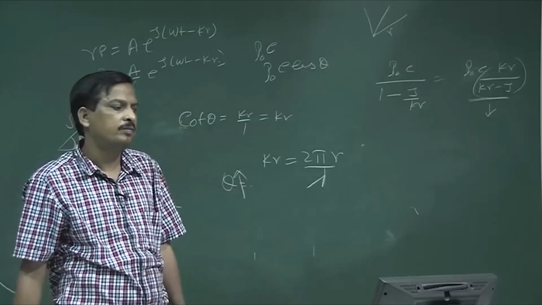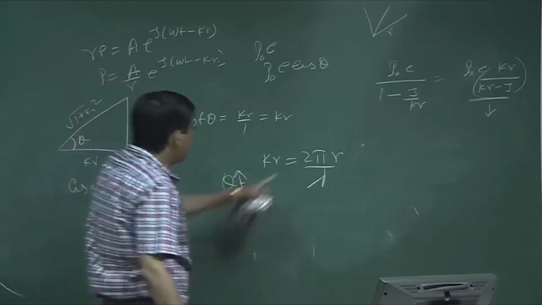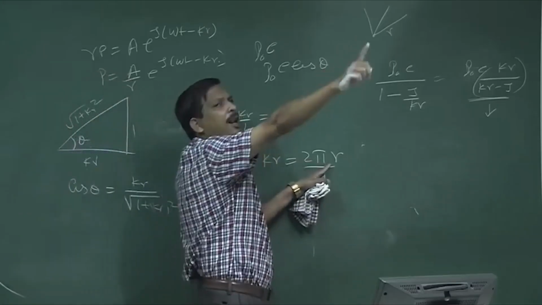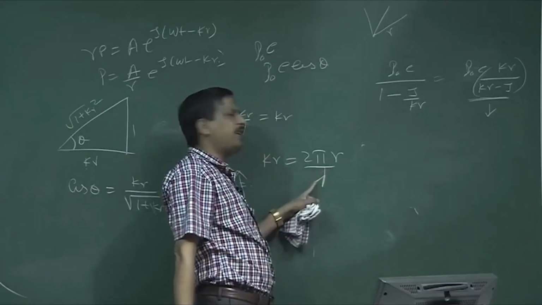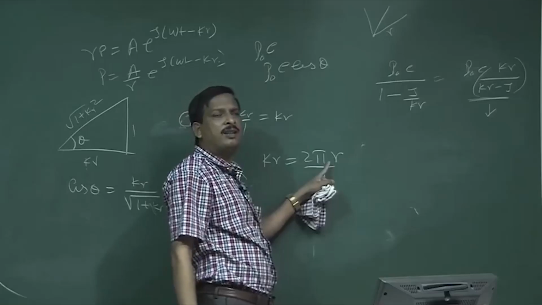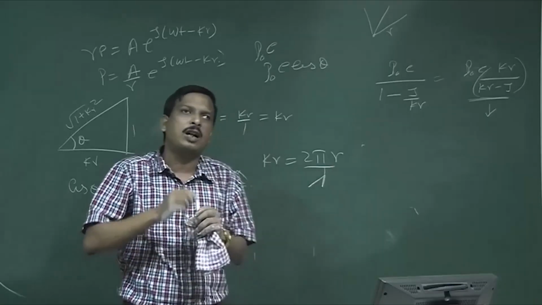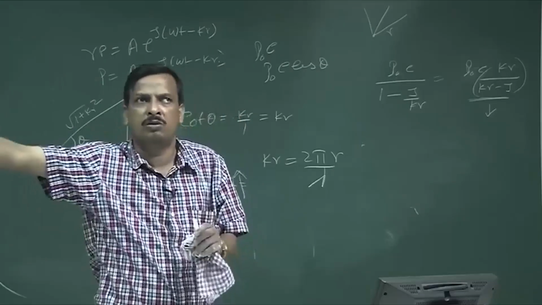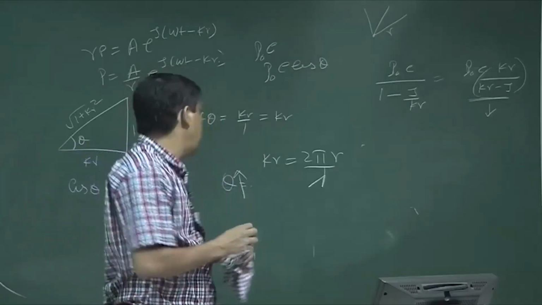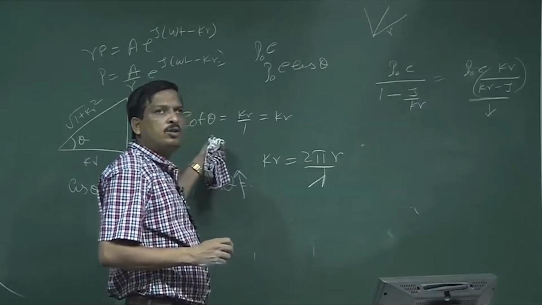Now, if the distance from the source is very large compared to lambda, that means the acoustic wave has travelled far away from the source. In that case, theta will be very small, because of cot theta.